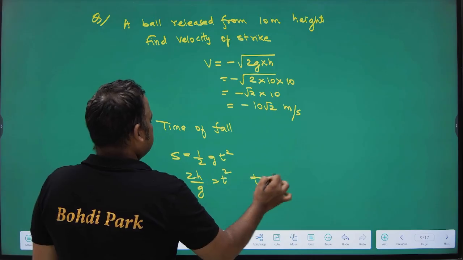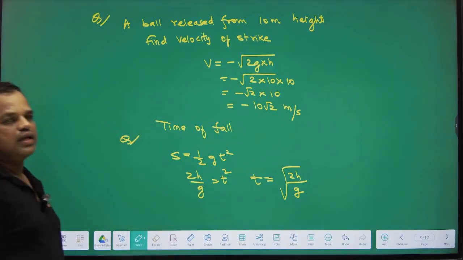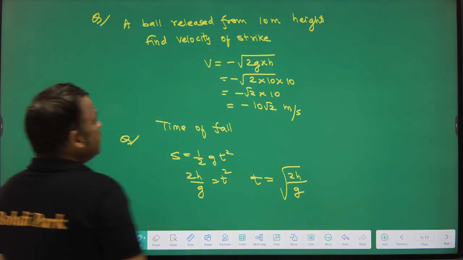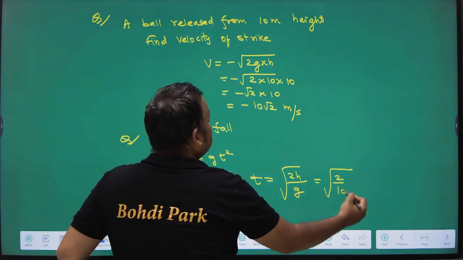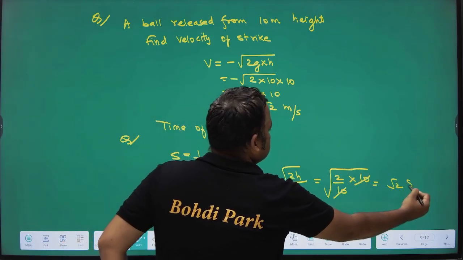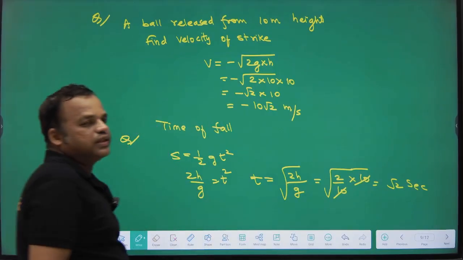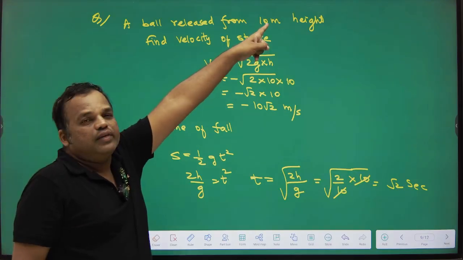So t will be equal to square root of 2h by g. This is the time of fall. So in this question, how much is the time of fall? It will be equal to square root of 2 by 10 into height, which is 10. 10 cancels. So answer is root 2 seconds. It will take root 2 seconds to fall through height of 10 meter.